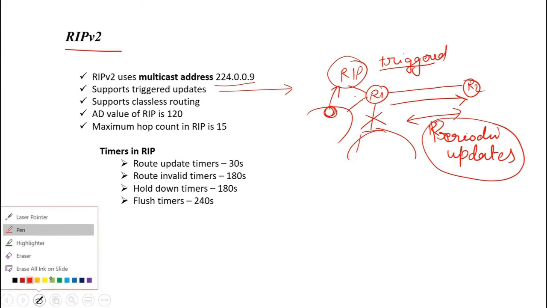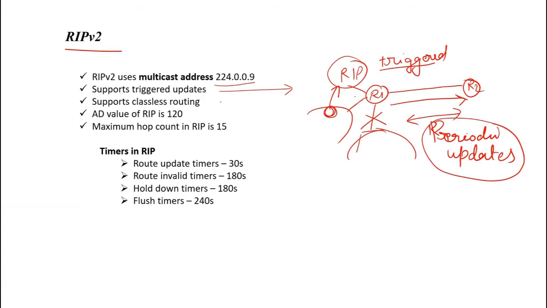Whenever a new route is introduced, it immediately triggers an update and sends it to all the connected routers, which then pass it further. So it is a very fast method to tell all the routers that there is a new network connected to me. That is the benefit of triggered updates.